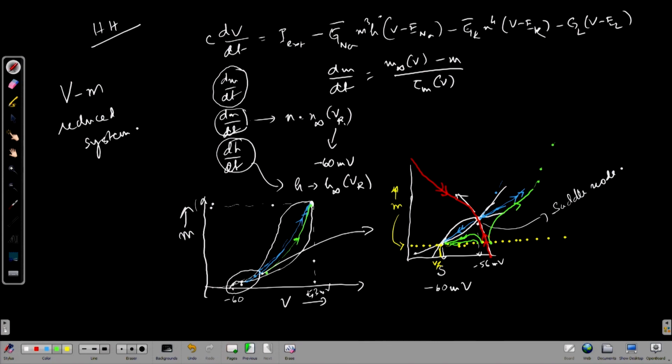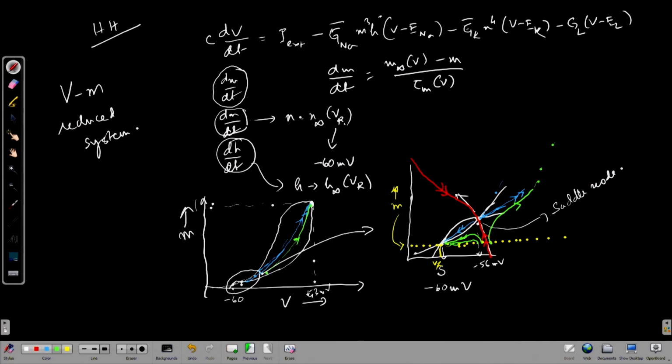With this we conclude how the action potential has a true threshold behavior, and how even in the Hodgkin-Huxley model we can produce and see the true threshold behavior, and this is why we consider the action potential as all or none. If it is below threshold, that is on the left-hand side of this stable manifold, it goes back to the resting membrane potential.